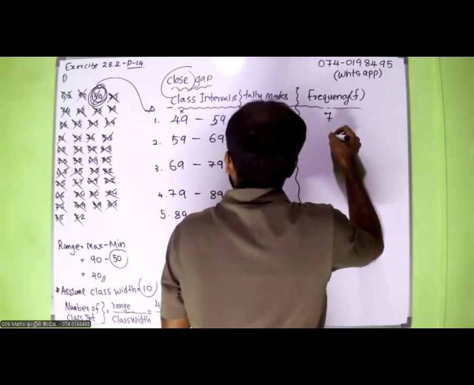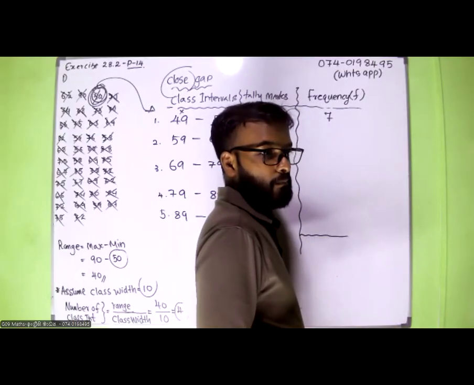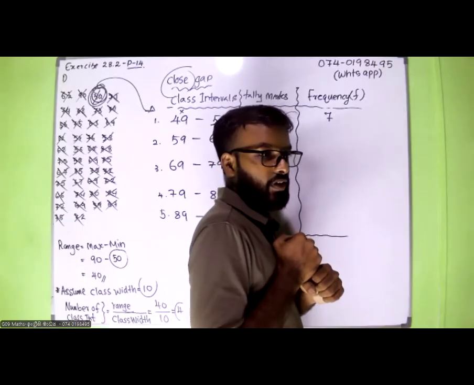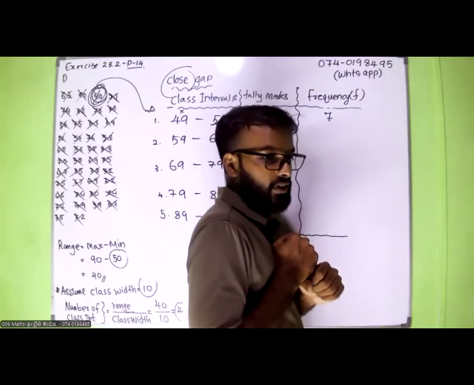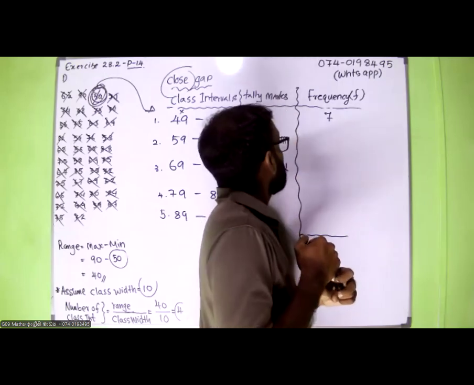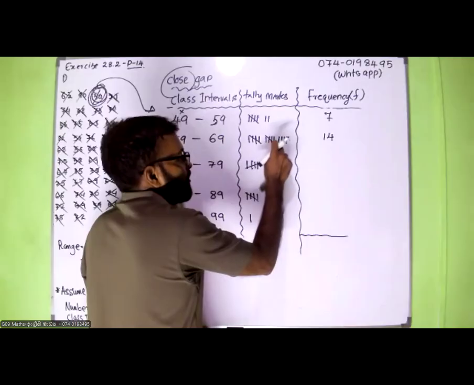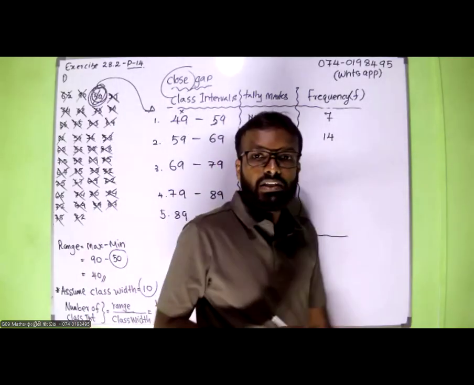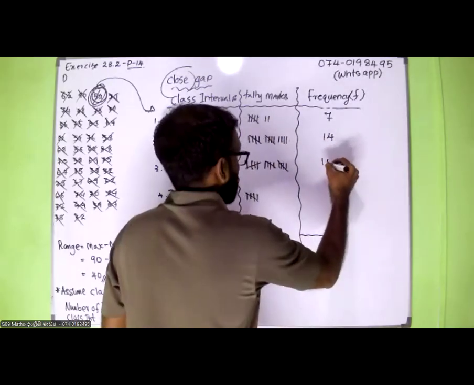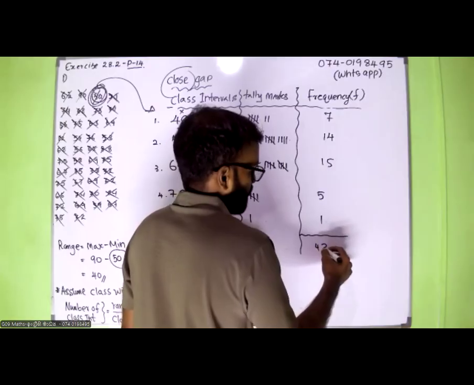Second class interval, 5. Third class interval, what is the frequency? 15. Add them together so you might get 42.